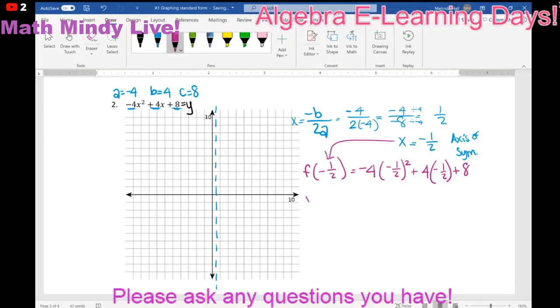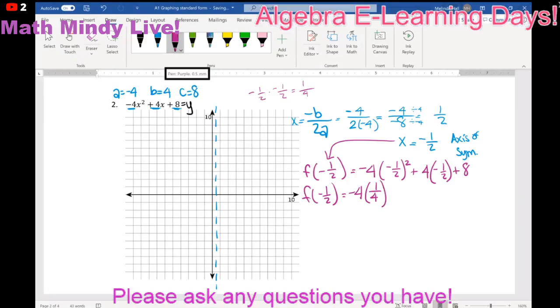And so we would keep that f of -1/2 because that would be plugging in -1/2 for x. And then (-1/2) squared would give me +1/4 because a negative times a negative gives you a positive, and 2 times 2 would give you 4. So that's how you get 1/4 from that.